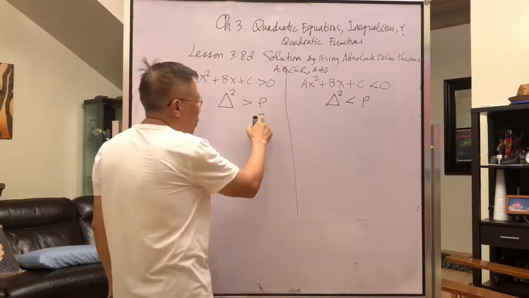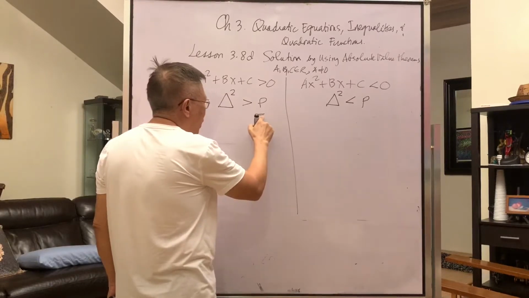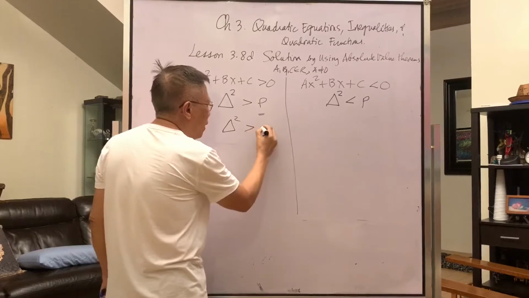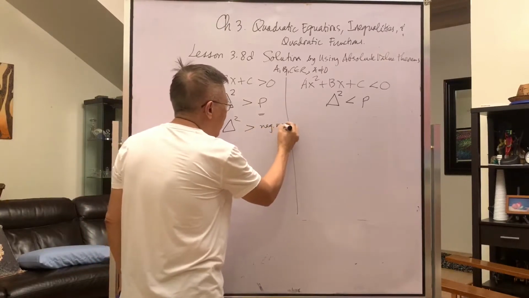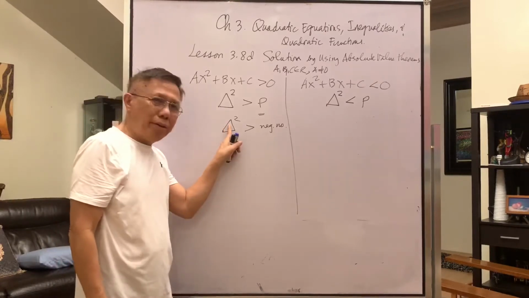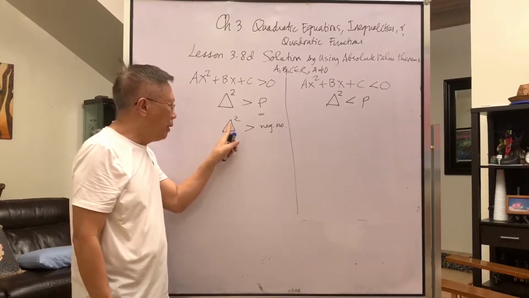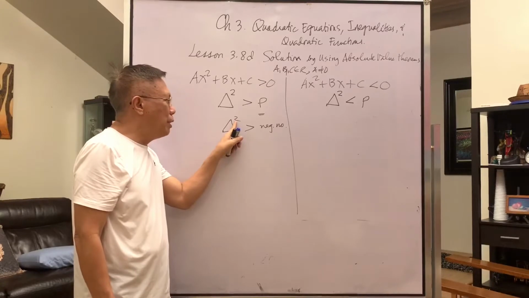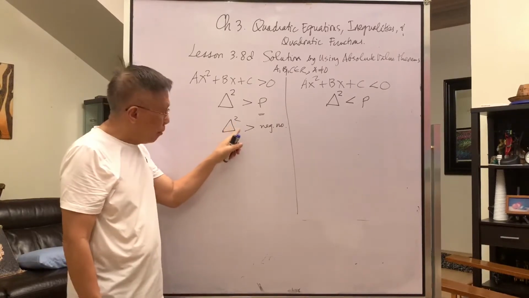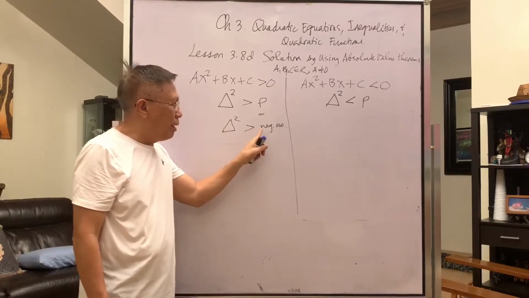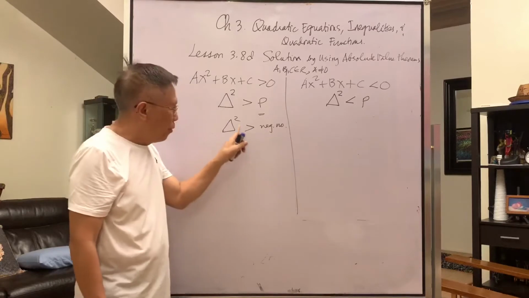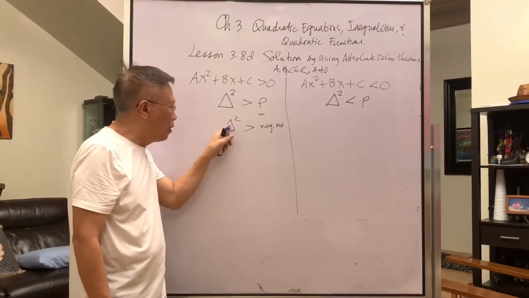Because if p is negative, it is trying to say that triangle squared is greater than a negative number, and we know that the square of a quantity will always be non-negative. This means it should be greater than a negative number for any value of the variable.